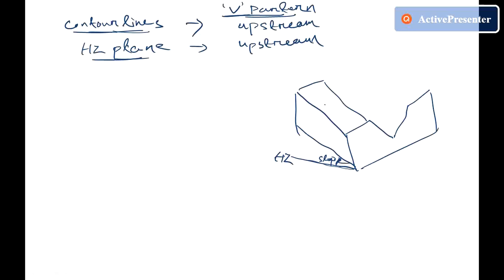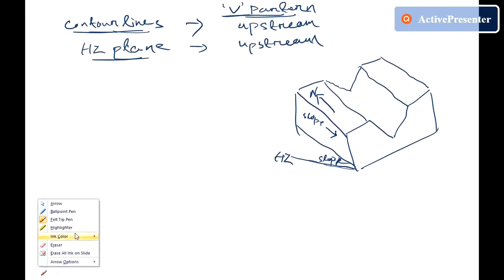This is sloping in this direction, and this is north, let's say this is north, and the slope is in this direction. Now what I will do, I will pass a horizontal plane here.